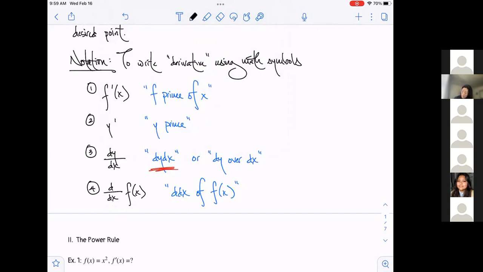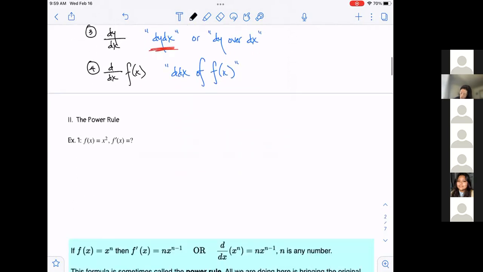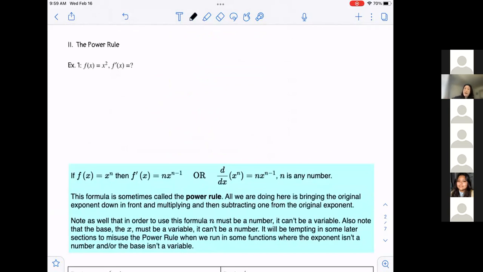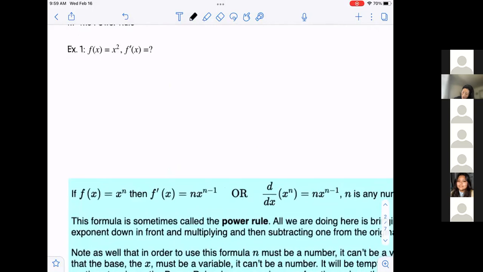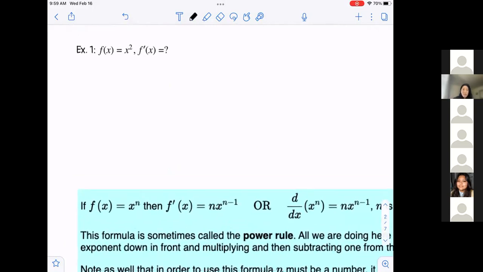Okay. All right, so let's go ahead. We're gonna start with the power rule. That is the first of the rules that we will take a look at today. All right. So we have this example. Example 1 says f of x is x squared, and we would like to find f prime of x.